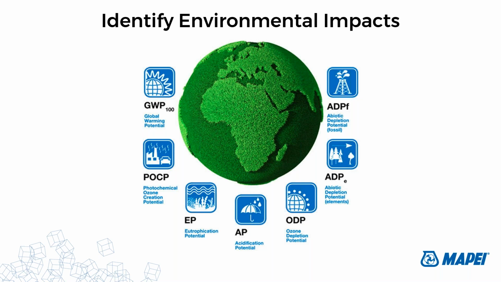Impacts include global warming potential, so how much heat a greenhouse gas traps in the atmosphere, photochemical ozone creation potential or the environmental impacts due to VOCs, eutrophication, pollution of aquatic ecosystems. I can go on and on about each of these impact categories.